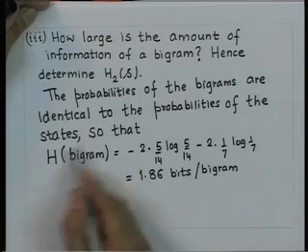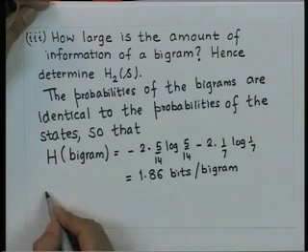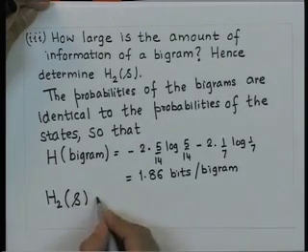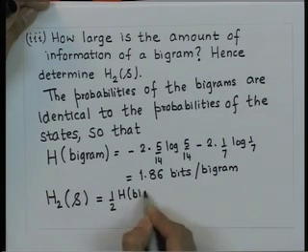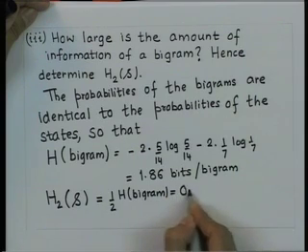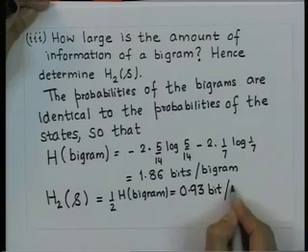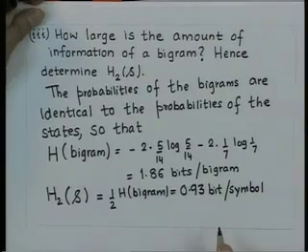Here the message is of length 2, and hence H2S, which is half H of bigram, is equal to 0.93 bit per symbol.